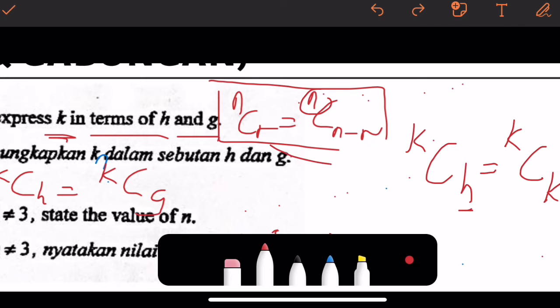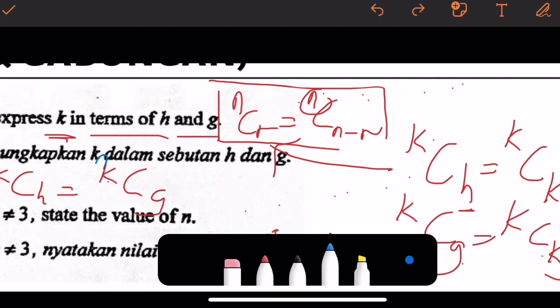So KCH is equivalent to this one. Then how about KCG? KCG will be equal to KC(K minus G). So we can say that these two are the same: K minus H is equal to K minus G.